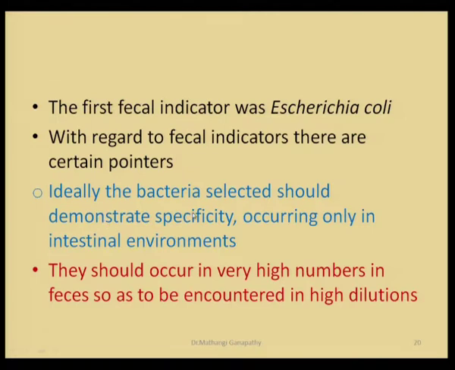So there we look for fecal indicators. So how do we identify a bacterium to act as a fecal indicator? Ideally, the bacteria selected should demonstrate specificity, occurring only in intestinal environments. So that organism which you have identified as a fecal indicator should be specifically present in the gut microbiome, in the human intestine.